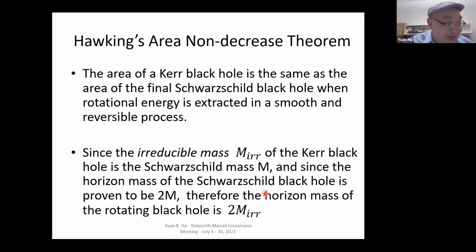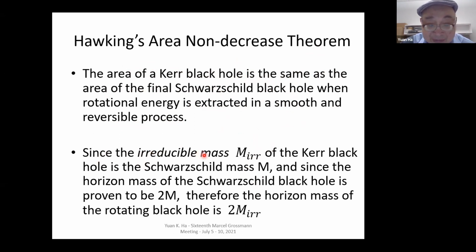Now, the two can be related if we invoke Hawking's area non-decrease theorem. We see the area of a Kerr black hole is the same as the area of the final Schwarzschild black hole when rotational energy is extracted in a smooth and reversible process.